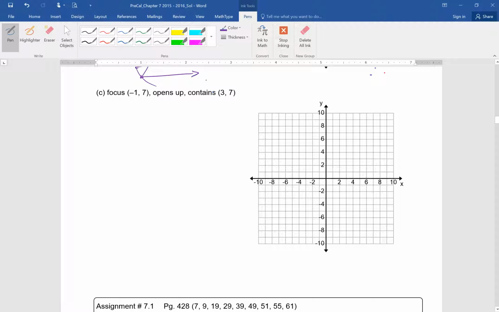Okay, so here we have the focus at negative 1, 7. It opens up and it contains the point 3, 7.